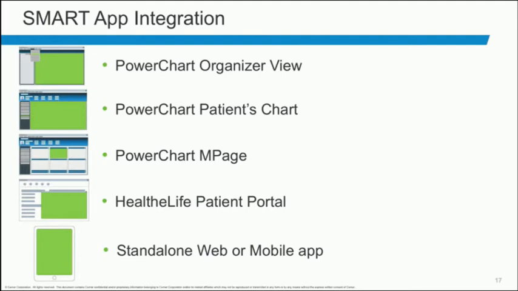But for the standalone applications, you're not going to get a single sign-on experience like you would within these other ones because you're being launched outside of either the EHR or the patient portal. So in these cases, you're going to get prompted to authenticate again. So for instance, if you have an iPhone and you've hooked up the health app to your patient portal like I have, I'll have to authenticate to my patient portal.